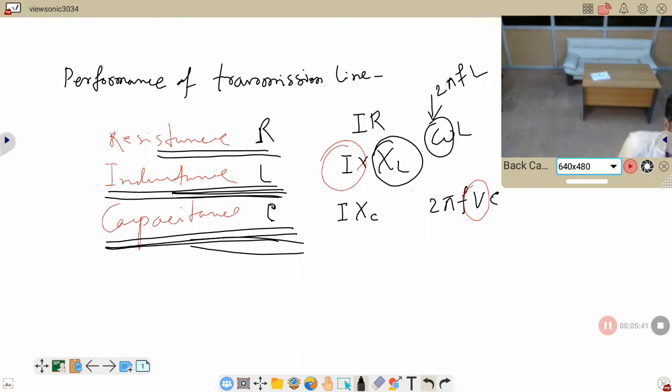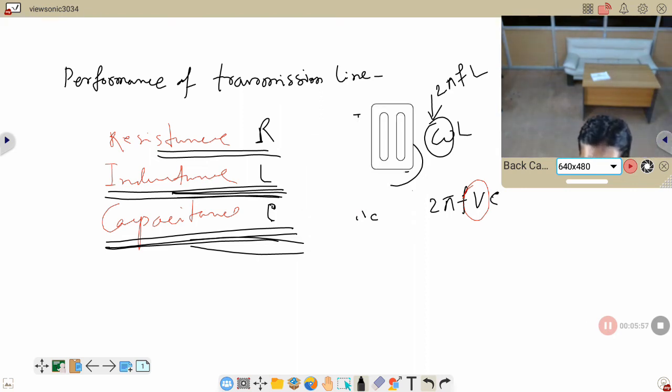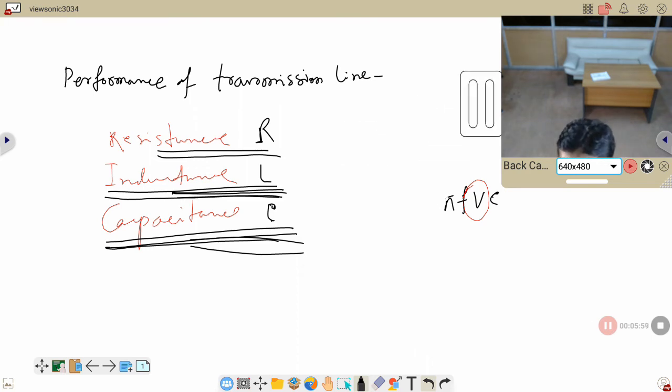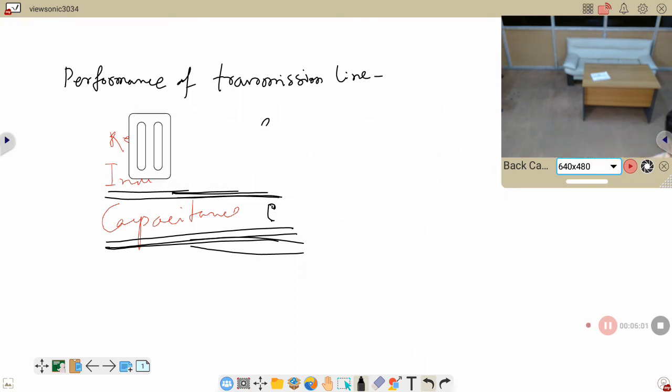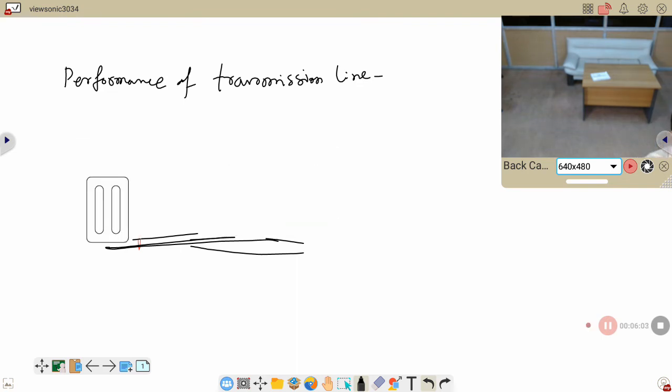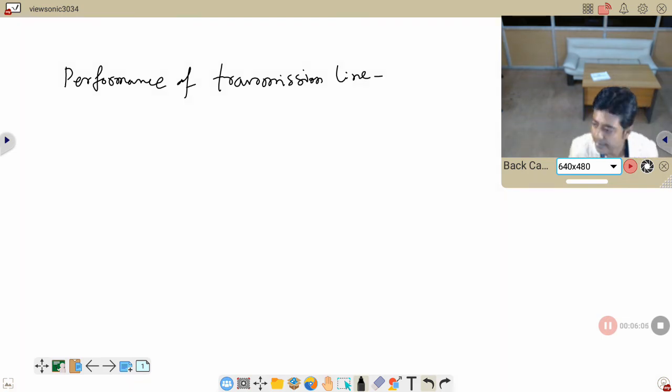Before going to the calculation of resistance, inductance and capacitance and the performance of the transmission line, first of all I will give the details of the different types of transmission line, based on their voltage level and length. Number 1, the short transmission line.